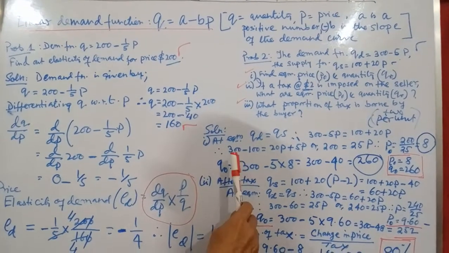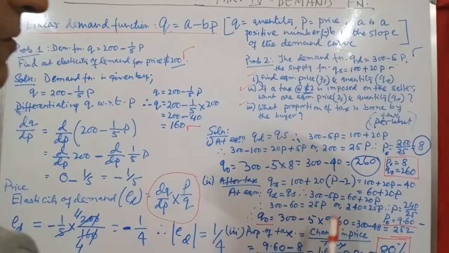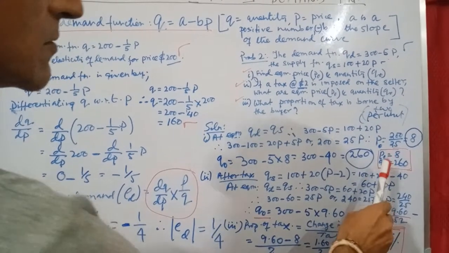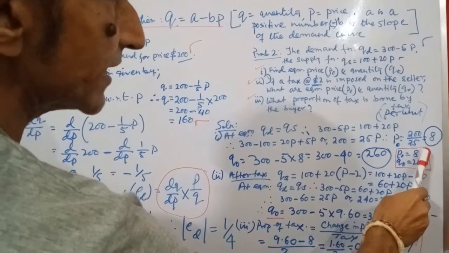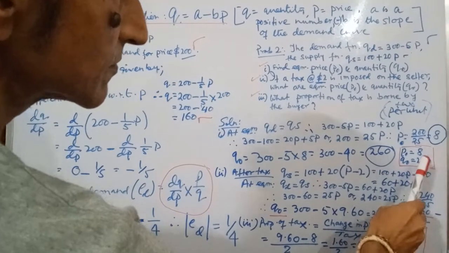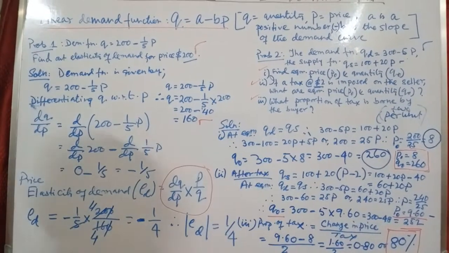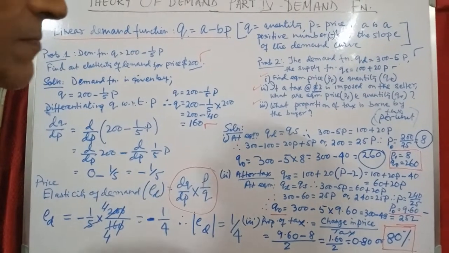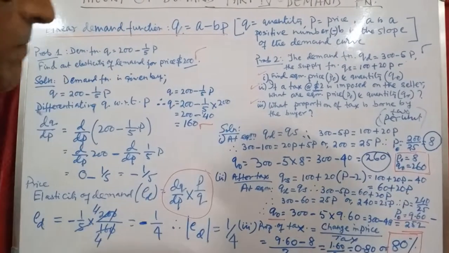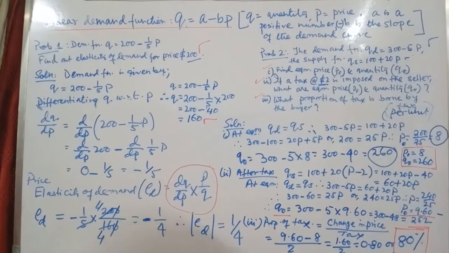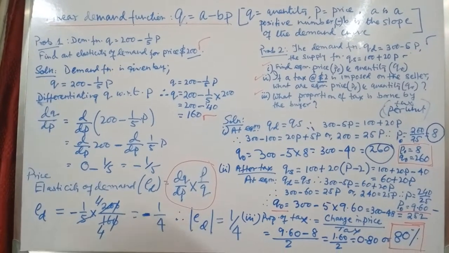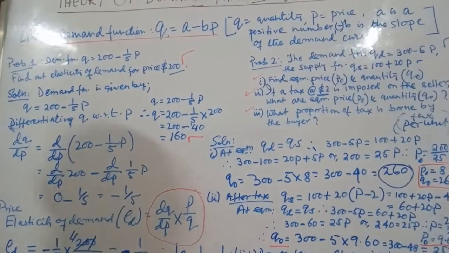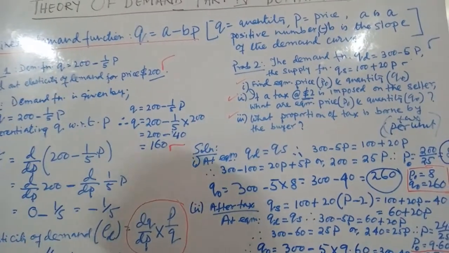Now we simply solve these equations for P0 and Q0. P0 is 8, that is price is 8, and Q0 is 260. Quantity demanded is 260 and supplied is 260. So equilibrium price and equilibrium quantity are $8 and 260 units respectively. So part 1 is done.